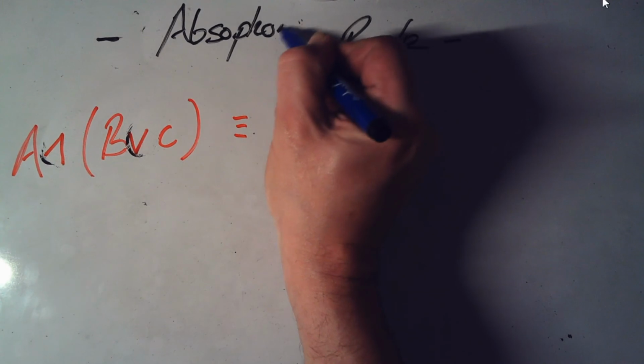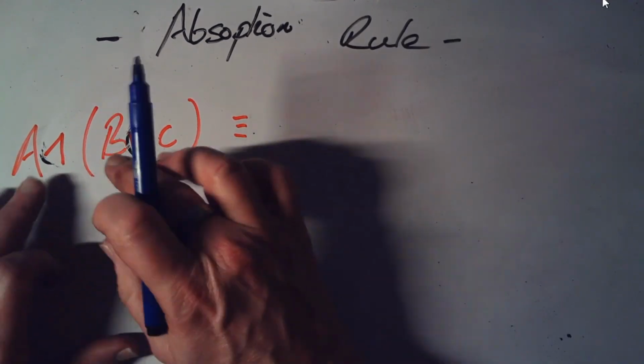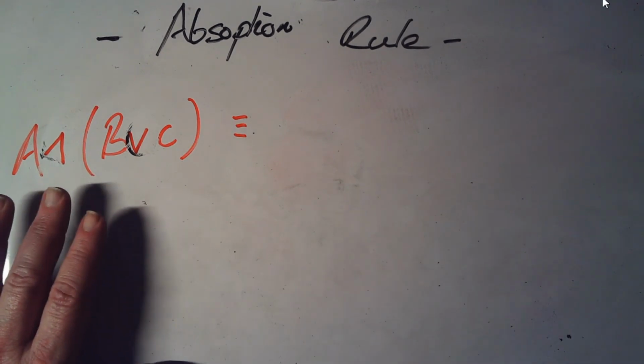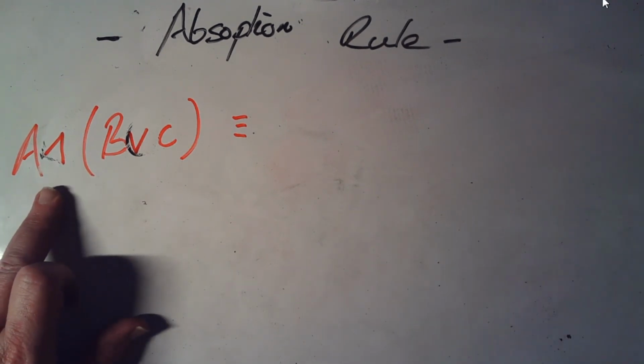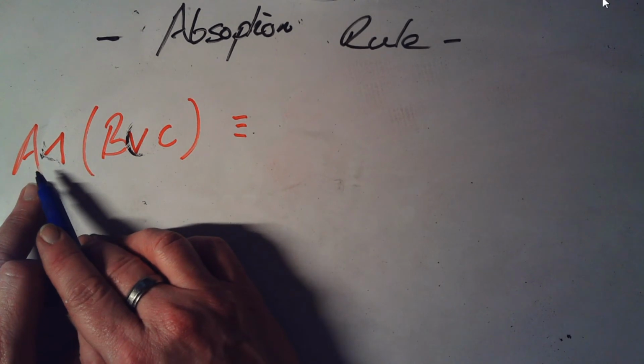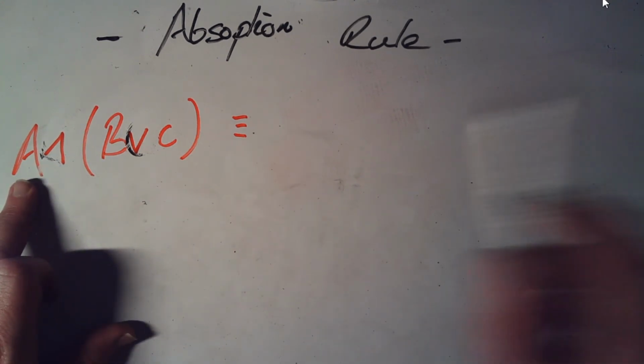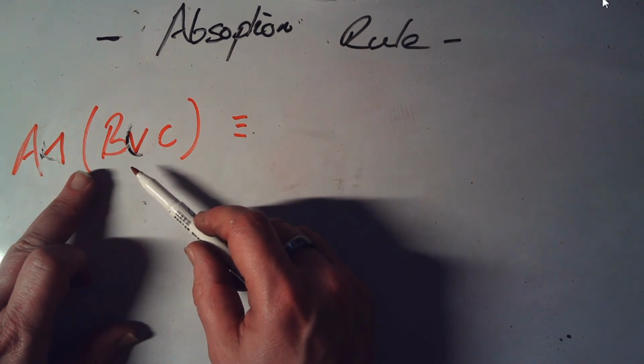The absorption rule is almost exactly the same as the distribution rule, except that if we have a term on the outside which is the same as a term on the inside, this becomes a special case of the distribution rule.